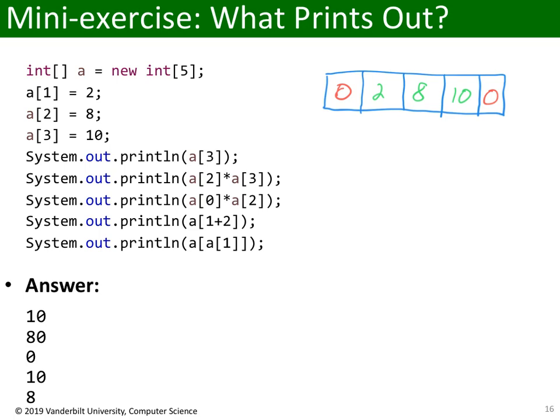So we can replace this with the number 2. Then 2 is the index for this access to array A. So we're now accessing element 2, which would be the number 8. So we print out the number 8.